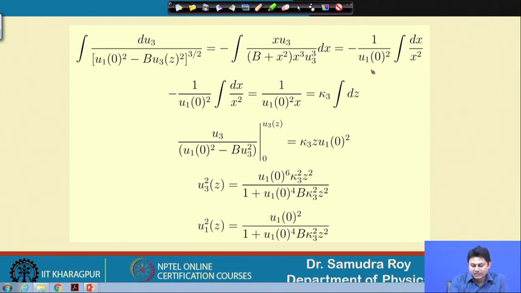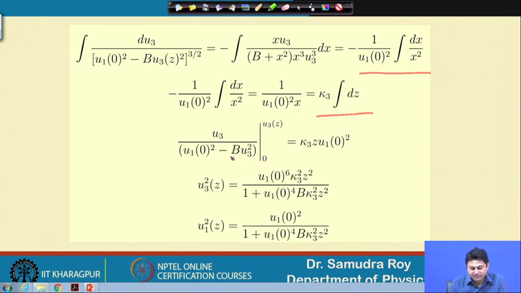So, now we are in a position to solve this straight away. If I now integrate these things, the negative sign will be absorbed, and we will have simply 1 divided by u10 square x, that should be equal to kappa 3 integration of dz that we have from the beginning. Now, we replace this x in terms of u3.